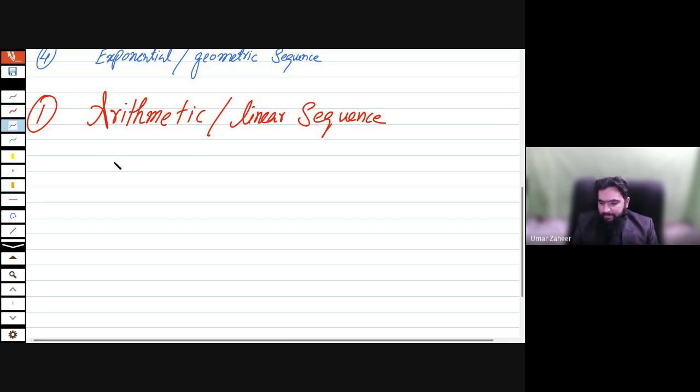What I have to write is 1, 3, 5, 7, 9. So if you take the difference of any two consecutive numbers, it is going to be 2. The difference is 2.